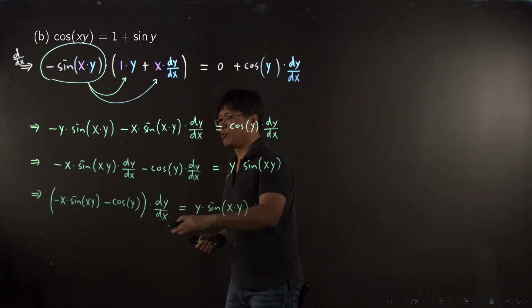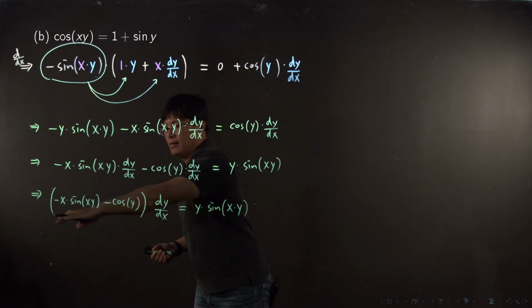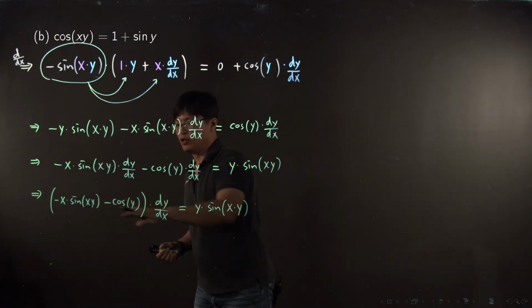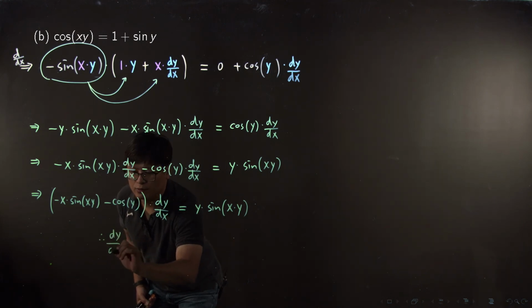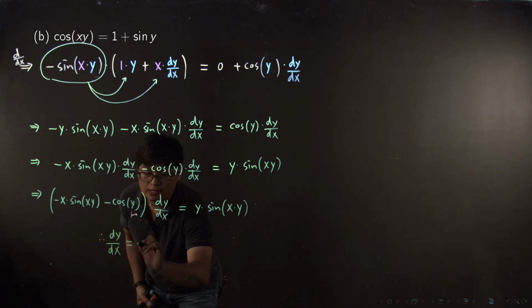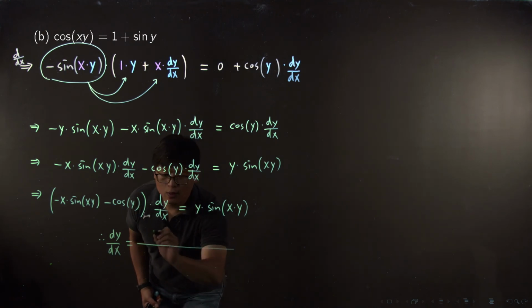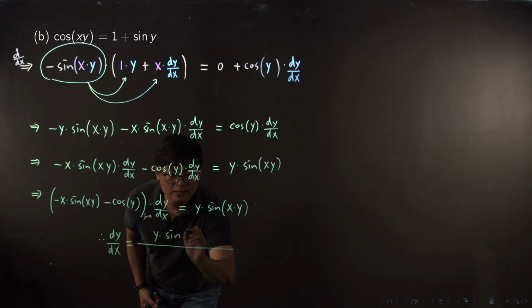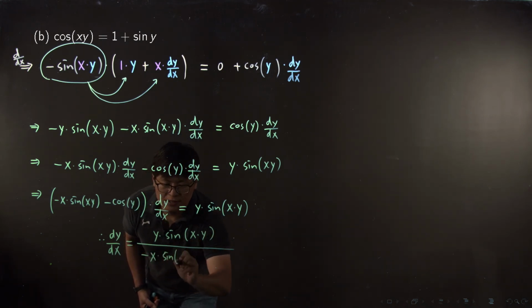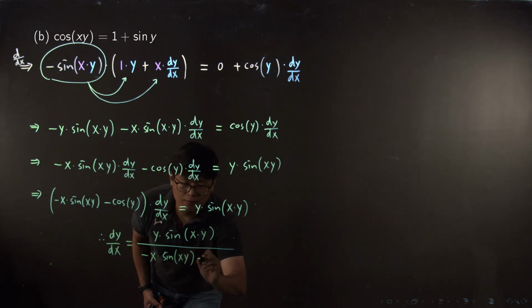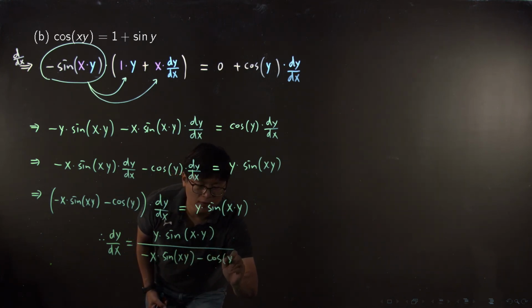As we did in the previous problem, I'm going to divide by this coefficient of dy dx. Actually, it's not a coefficient though, but dy over dx is equal to y sine of xy over minus x sine xy minus cosine of y.